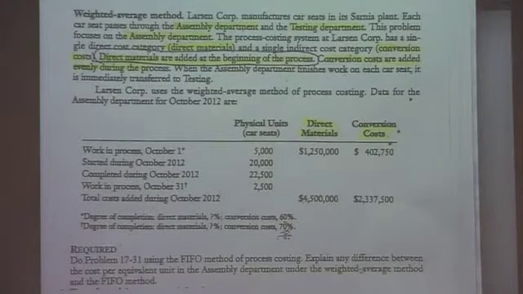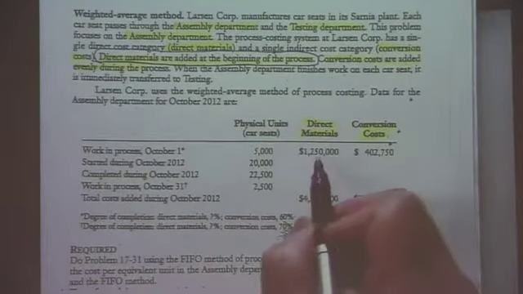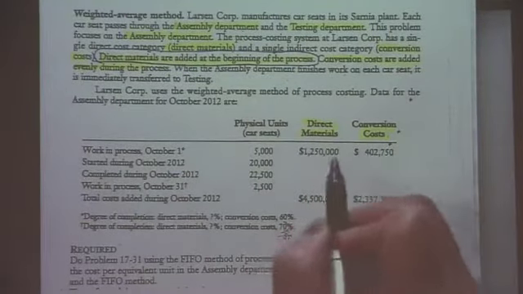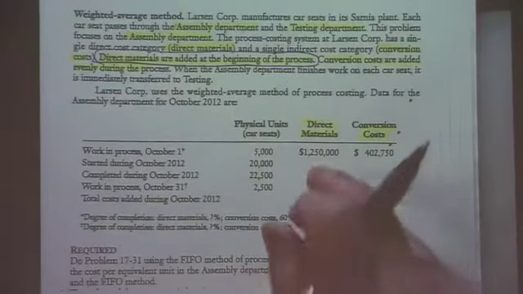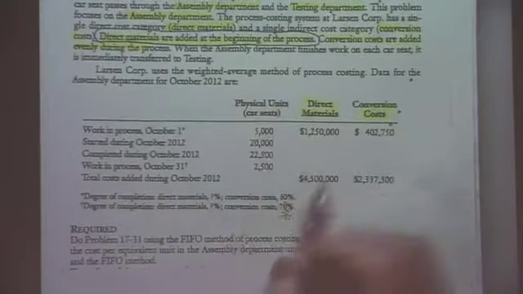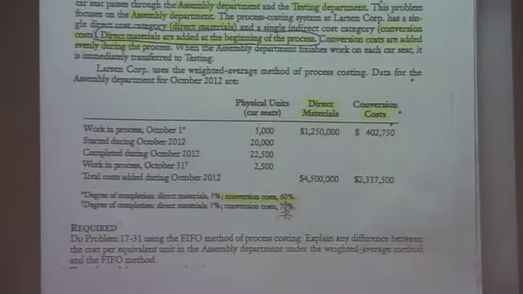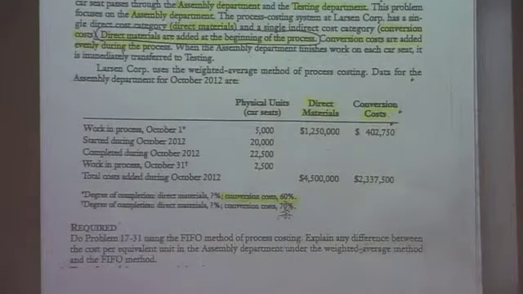What you have is a beginning work in progress of 5,000. This is how much cost we've incurred from the prior period that now we need to consider for this period. These 5,000 units, we know that 60% of those have been converted. In other words, we've incurred 60% of those 5,000 units already.